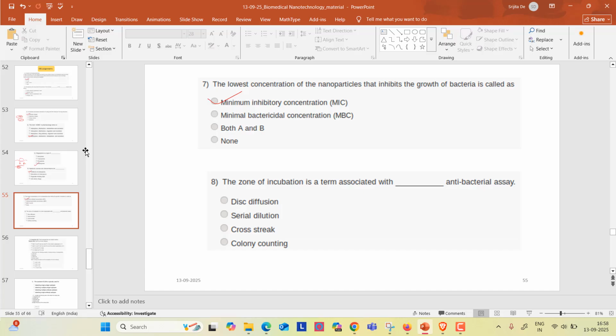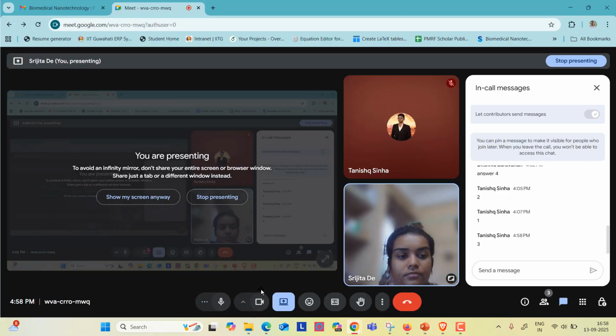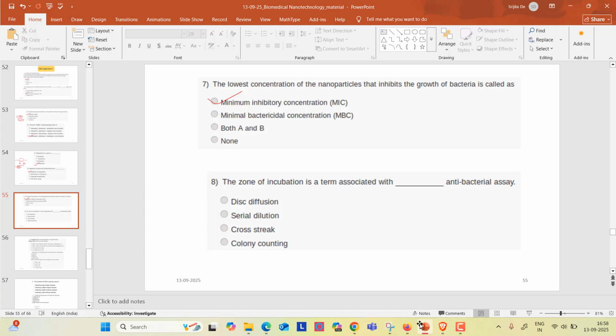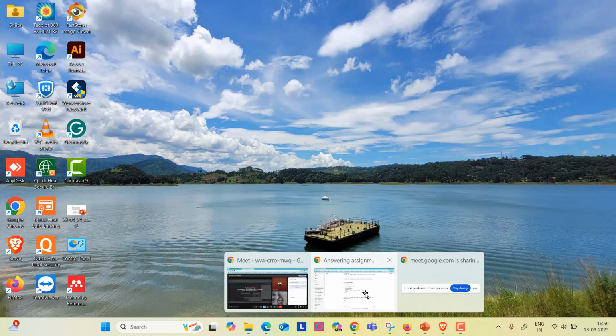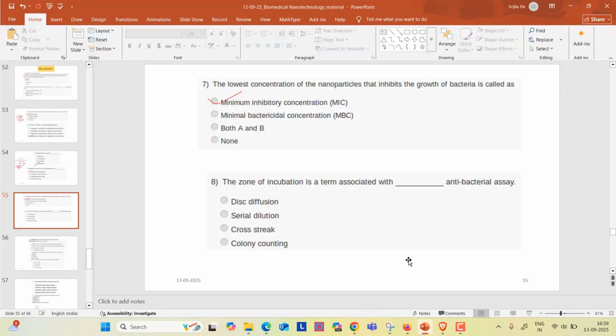Yes, disk diffusion. Okay. Serial dilution or disk diffusion? I think it's disk diffusion.